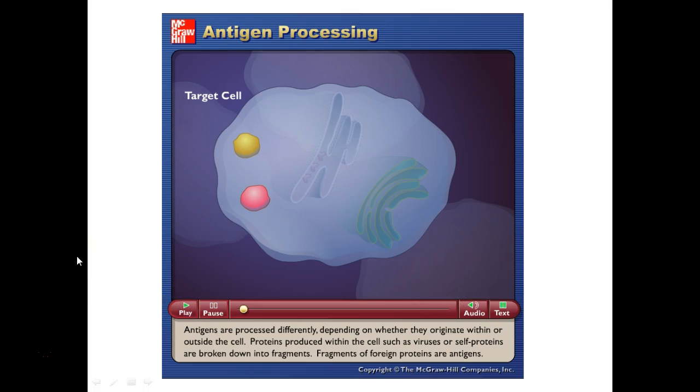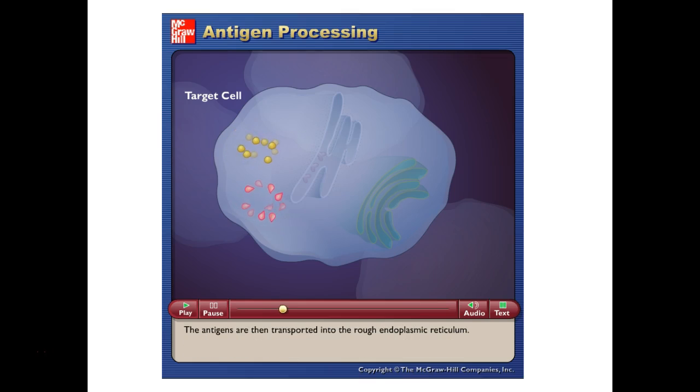Antigens are processed differently, depending on whether they originate within or outside the cell. Proteins produced within the cell, such as viruses or cell proteins, are broken down into fragments. Fragments of foreign proteins are antigens. The antigens are then transported into the rough endoplasmic reticulum.